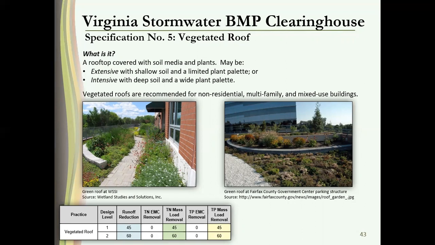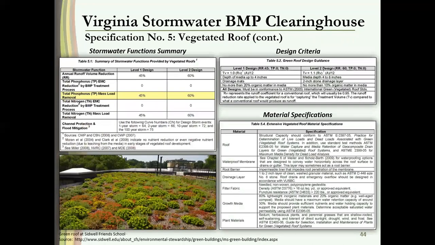And usually soil depth is going to be dictated by things like your structural loading, how much that roof can hold, and what kind of plants you want to put in there. If you want to put in trees, you're going intensive. Normally, we use really shallow rooted plants like sedum on green roofs so that the extensive is an option.